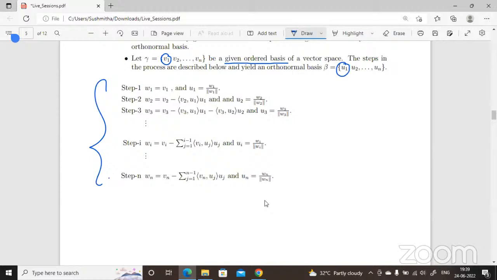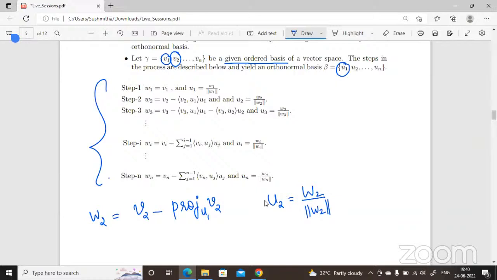Then you take the second vector, V2. You do V2 minus the projection of V2 in the direction of U1, where U1 is the unit vector you just obtained. This is your W2, and U2 is W2 divided by the norm of W2.